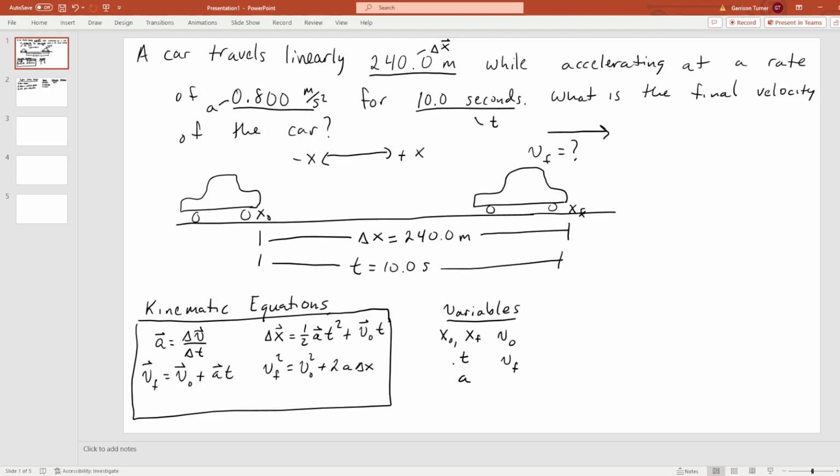This will allow me to map out the most advantageous way forward to solve the problem. Now, one thing to note, we are not told that v initial equals 0, so I cannot assume v initial is 0.